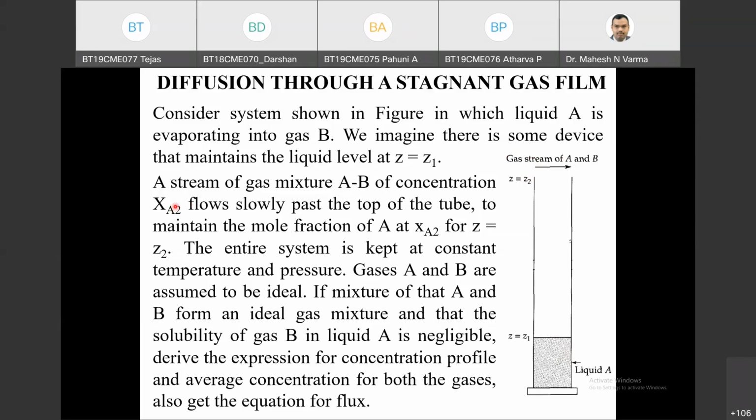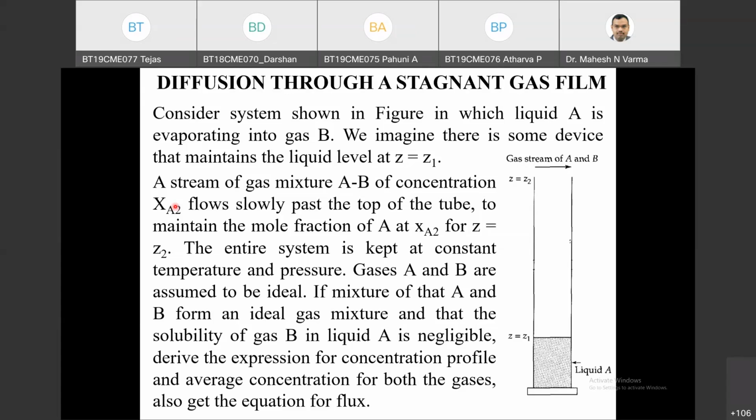And also the solubility of gas B in the liquid is negligible. So we have to derive the concentration profile and average concentration for both the gases. So what is the first step to solve the problem?